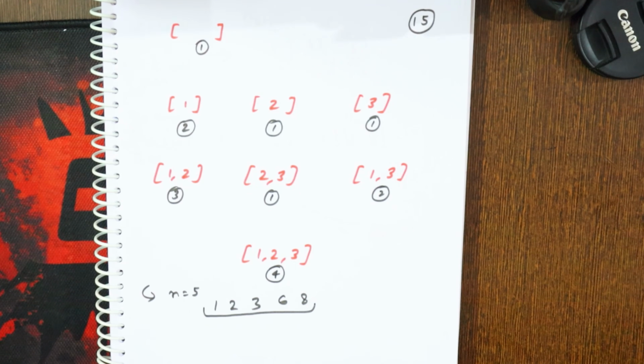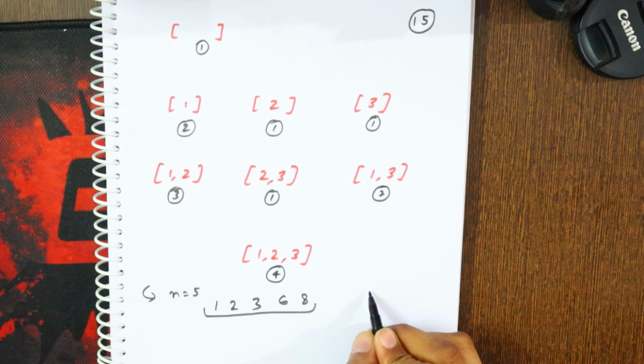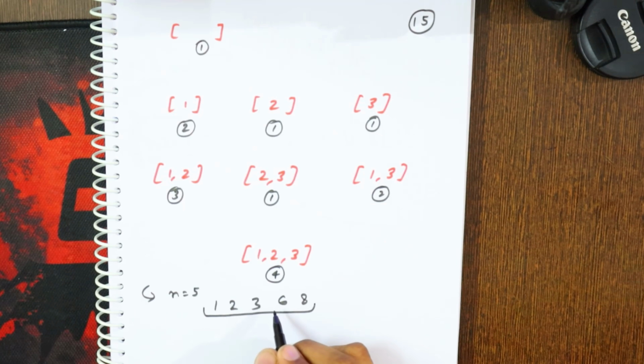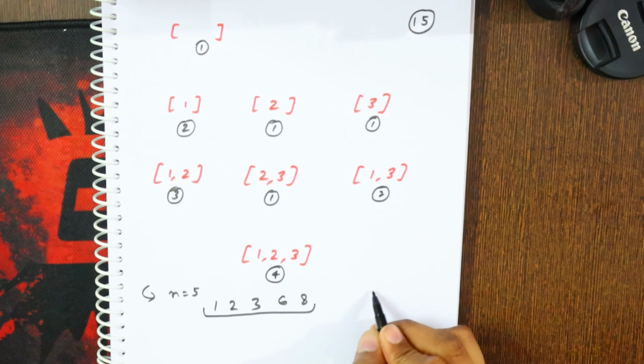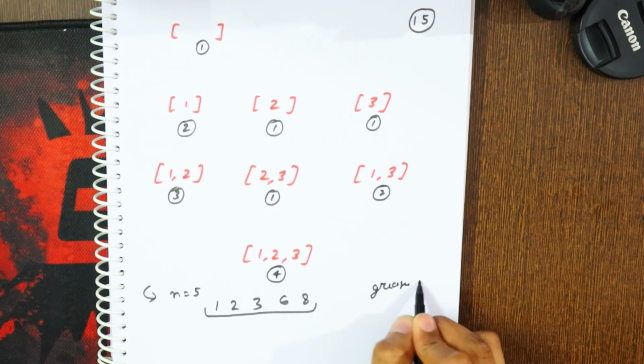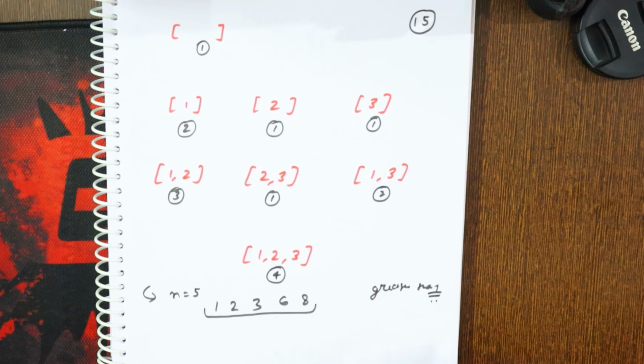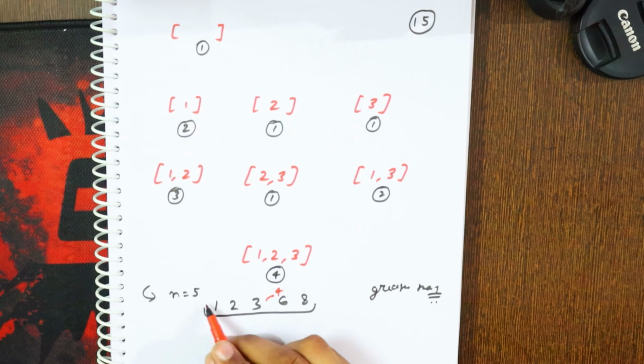MEX states that it is the minimum number which is not in this, and it should be greater than 1. As you can clearly see, the minimum number which is not in this is 4. So the MEX of this is 4.